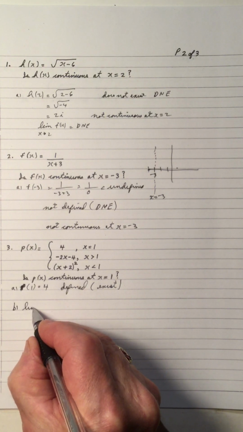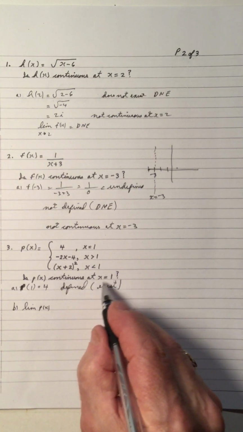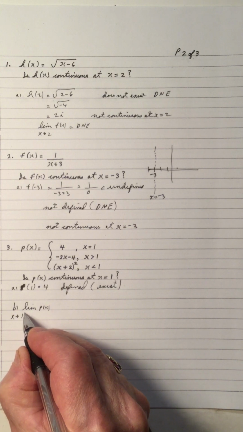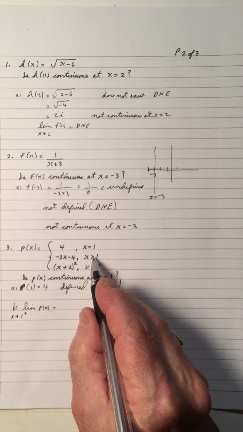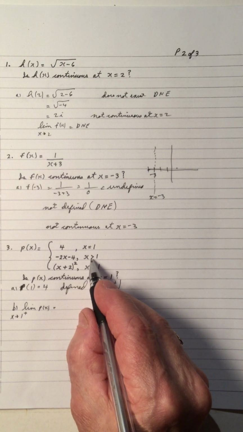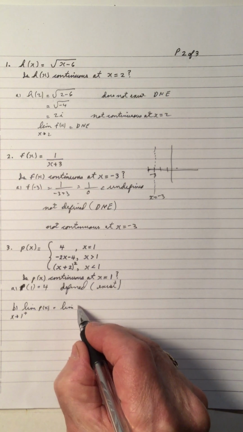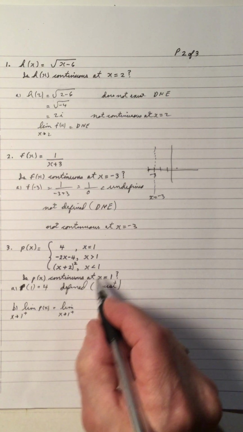Okay, B part. Now we do the limit of p of x as x approaches 1. Let's approach 1 from the positive side. So we have the limit as x approaches 1 from the positive side.